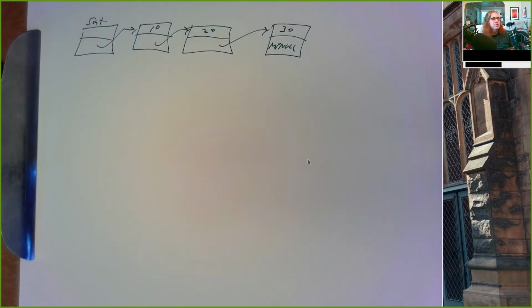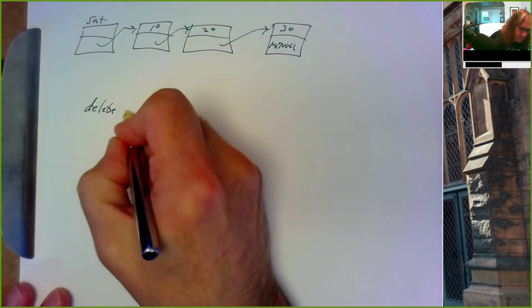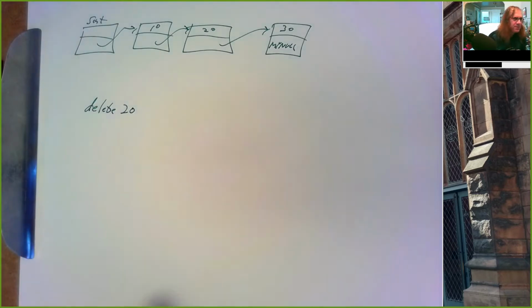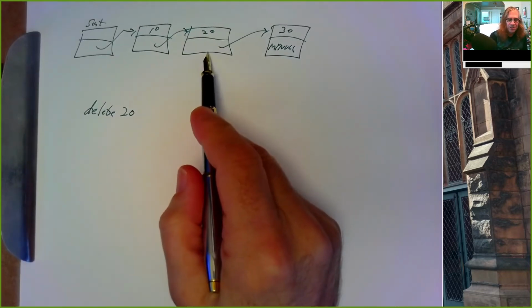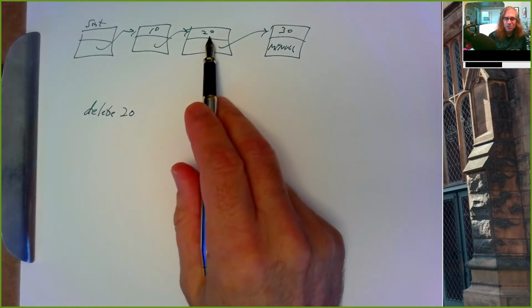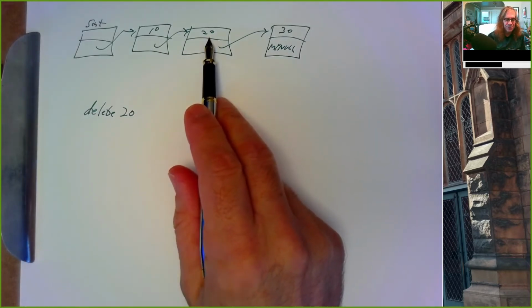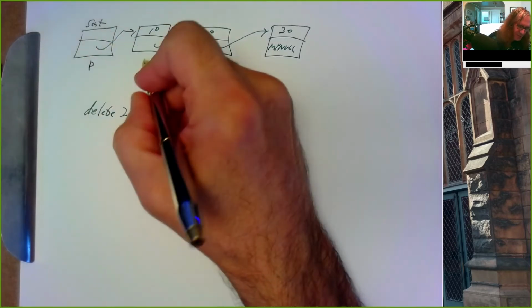All right, so let's say we want to delete the 10. All right, let's delete the 20. So node in the middle. So same thing as with a search, but we're going to need a pair of pointers, because when we reach the 20, right, and we see that the data is equal to what we're deleting, we need to adjust something in the previous node. So we're going to have a previous and a current.